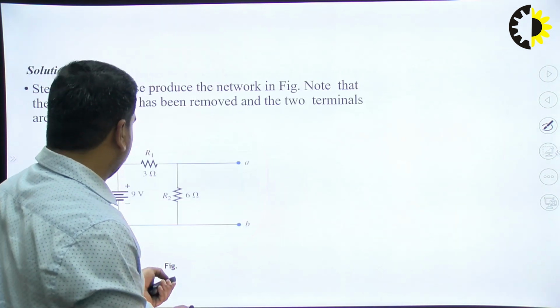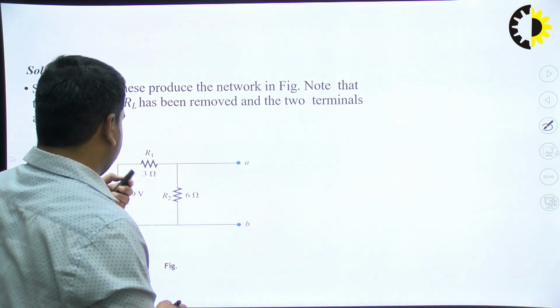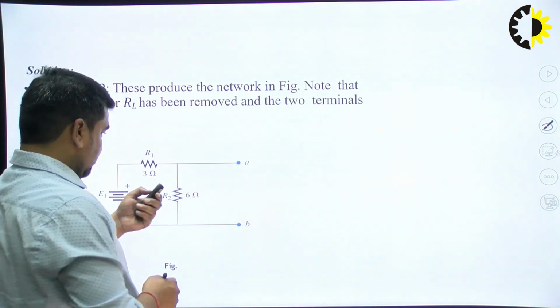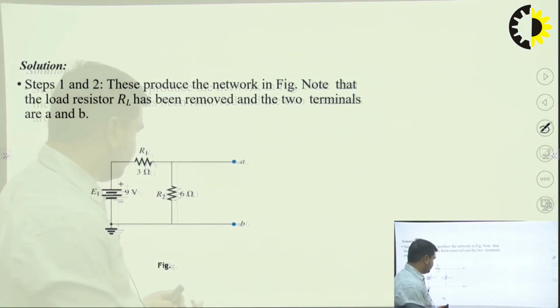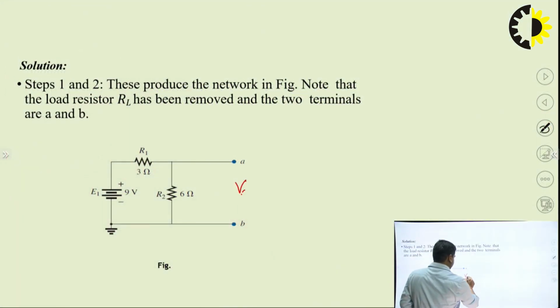Okay, let's see. Here, in step 1, we have removed the load resistance RL. Now we have to calculate VOC. Here we can see that it is very easy. There is no resistance in this branch.